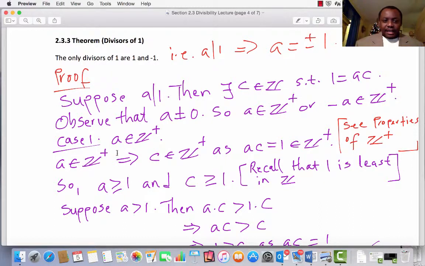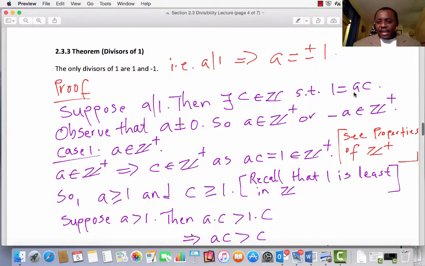a is an element in Z plus. Follow the proof very carefully. If a is in Z plus, can c not be in Z plus? Because if c is negative, I'm going to have a positive number times a negative number, and the properties of positive integers, go back to section 2.1 of the text Elements of Modern Algebra by Gilbert and Gilbert if you need to review the concept or the properties of positive integers.